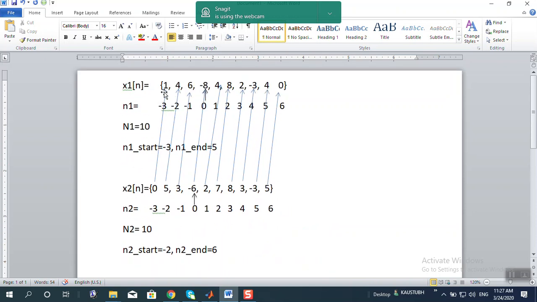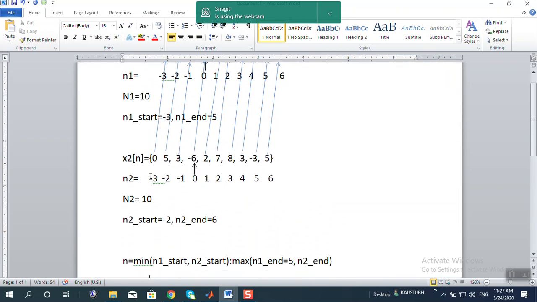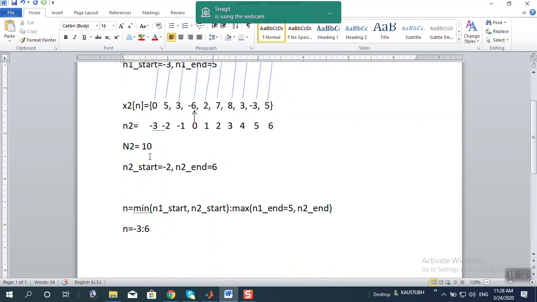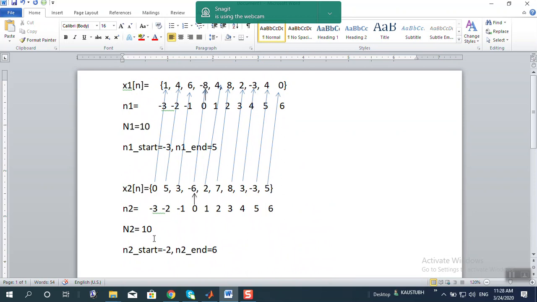Now since x1 already starts at -3, here you need not put a 0, but x2 originally starts at -2, so you need to put a 0. So how can we make this generalized? This is for a particular case.